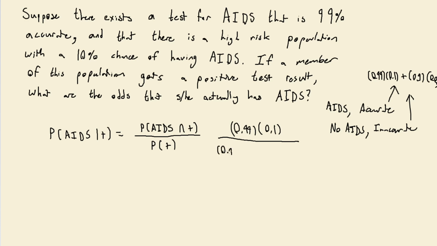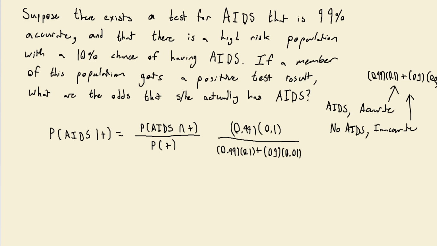Here we're going to get 0.99, 0.1. It's the probability of you having AIDS and the test being accurate, so you get a positive test result. But there's also the probability that you don't have AIDS. There's a 90% chance of that, multiplied by the probability of the test being inaccurate, a 1% chance. And so both of these results here will give us a positive test result.